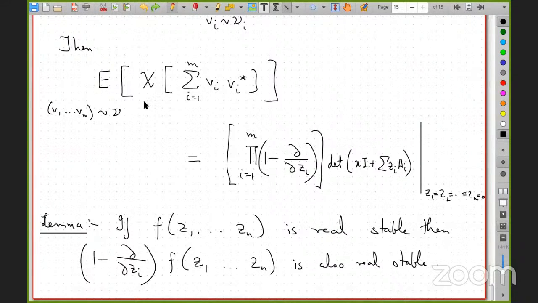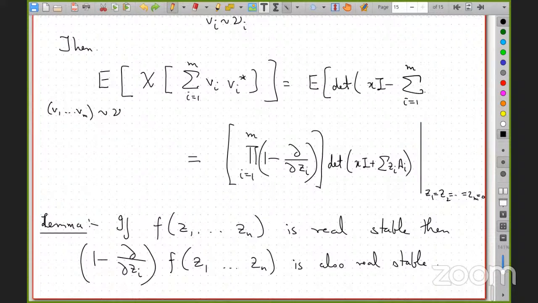So now this left hand side is a polynomial in x, which is the expectation of the determinant of xI minus the sum. It is a real stable polynomial in a single variable, so it has to be real rooted because the coefficients are real.